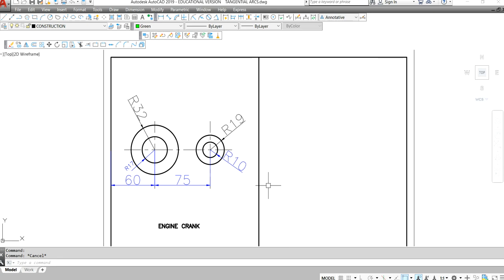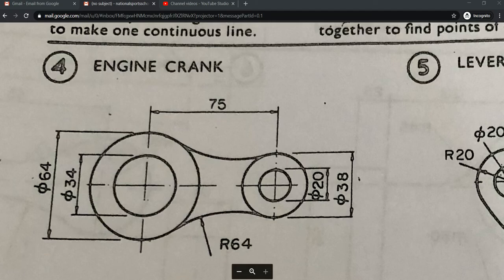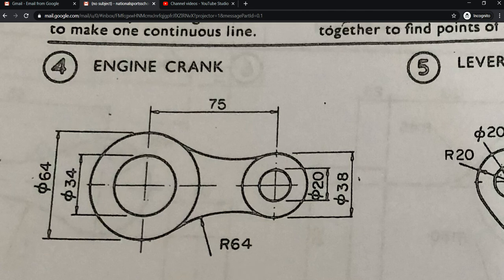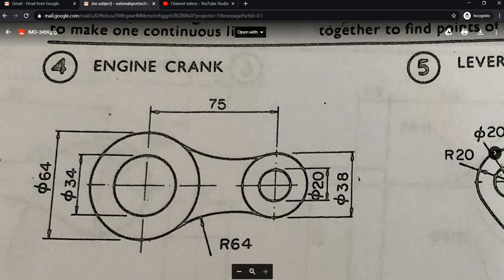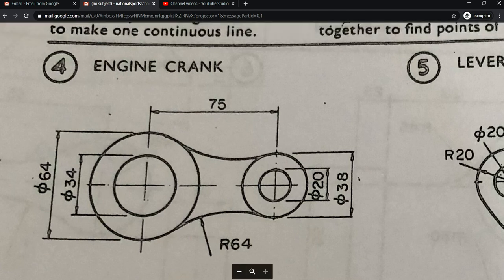Now if you're noticing on the handout, there is an arc over here and another arc over here, which are the same. It's stating radius 64. If you notice on the drawing, the 64 is touching the outer circles from the outside. So this is equivalent to situation 1 we did on the notes.